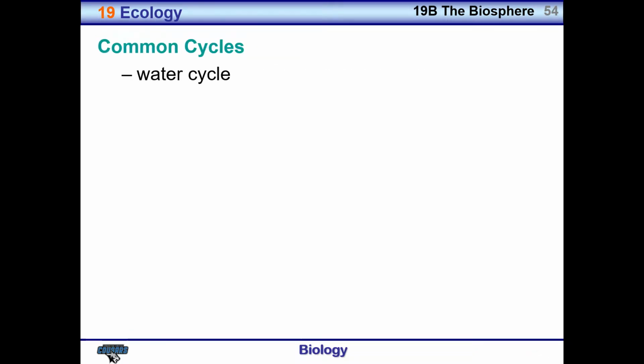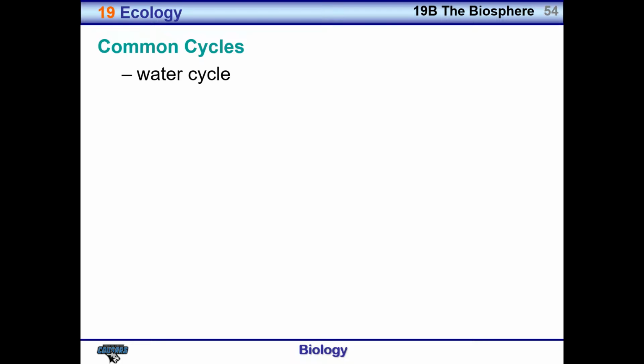Now, one of the common cycles that we've already studied so far is the water cycle that we had earlier in this chapter, how water is moved around through evaporation and condensation and precipitation and runoff and percolation and all those words that we had.